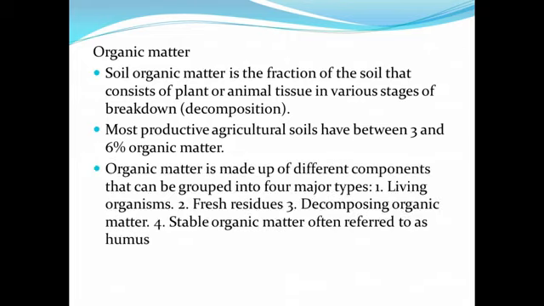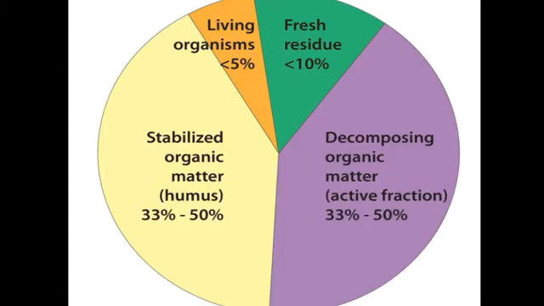Organic matter is made up of different components that can be grouped into 4 major types: living organisms, fresh residues, decomposing organic matter, and stable organic matter, often referred to as humus.